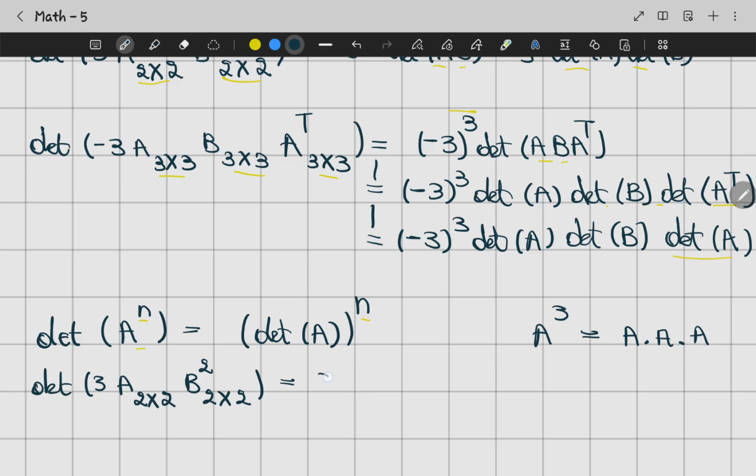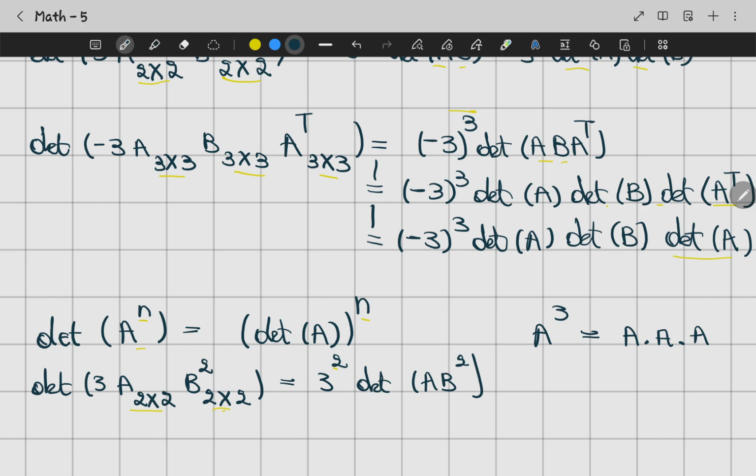So what we get is 3 to the power of 2, as you can see the value of n, times the determinant of AB squared. Just to make it shorter, I'm not going to repeat this.